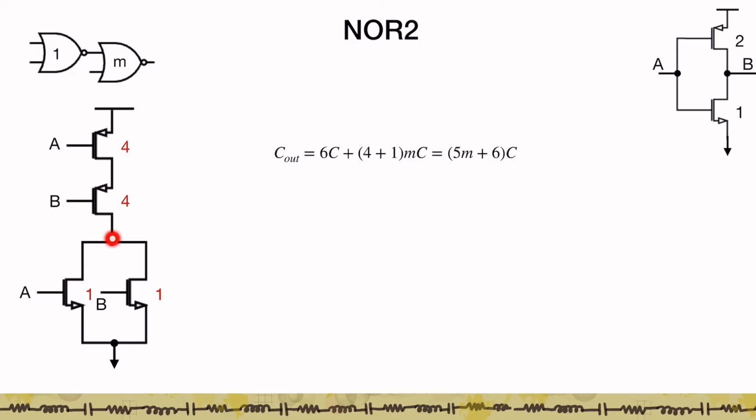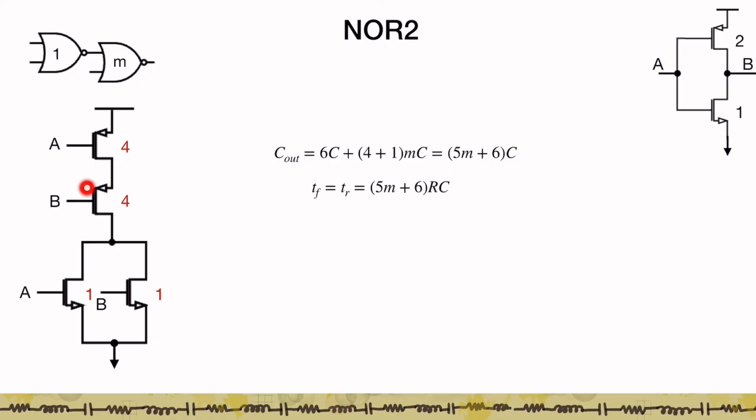So the capacitance at the output of gate 1 is 4C because of the PMOS and 1C and 1C because of the NMOS. So that is 4 plus 1 plus 1, which is 6C. And then the input capacitance at each node is going to be 4M plus 1M, so it is (4 + 1) into MC, or 5M plus 6C.